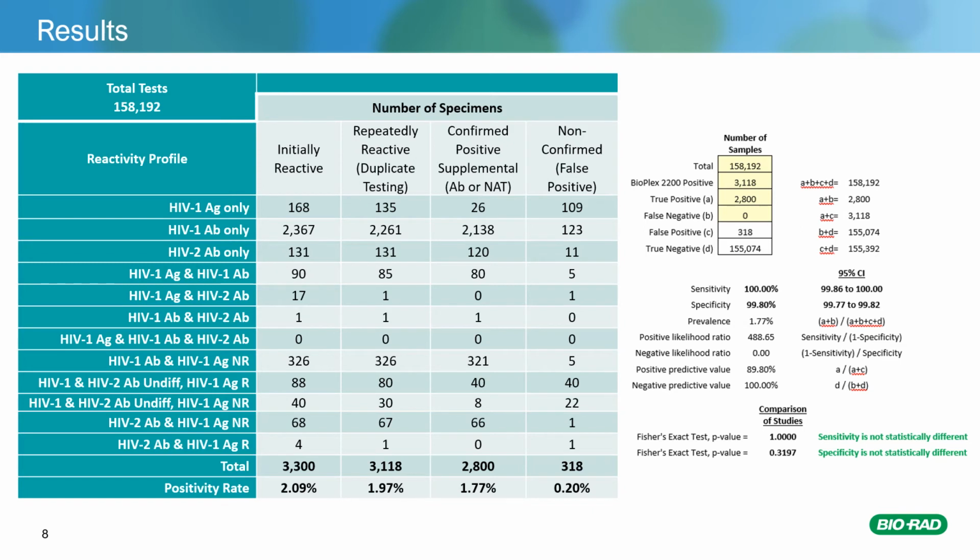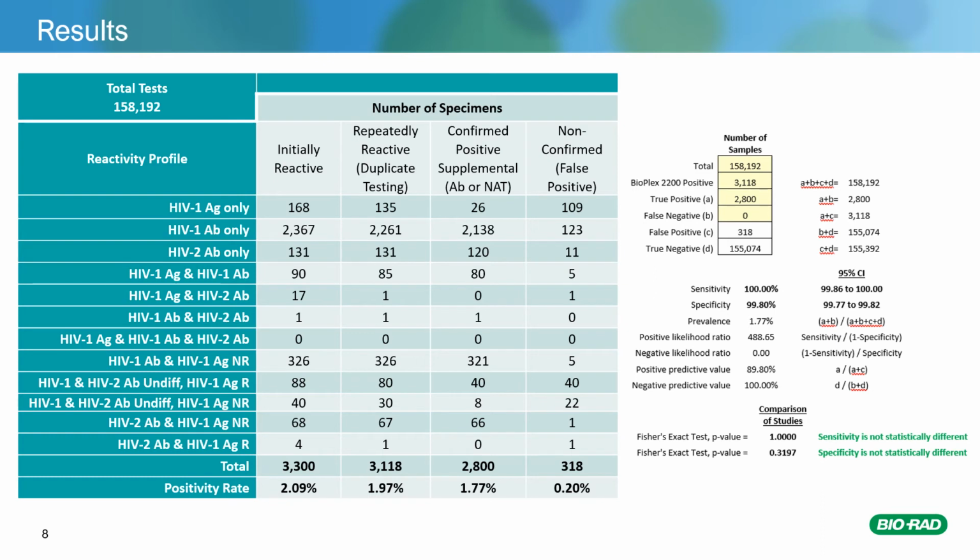The overall prevalence at this particular institute was 1.77%, and a total of 318 samples did not confirm, giving an excellent overall false reactivity rate of 0.2%.